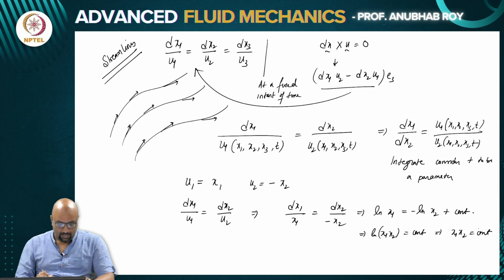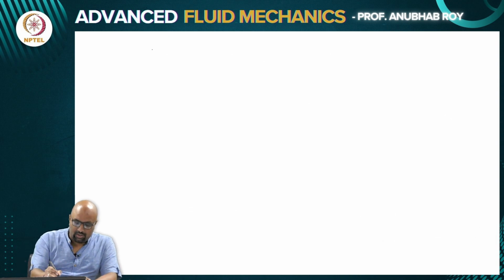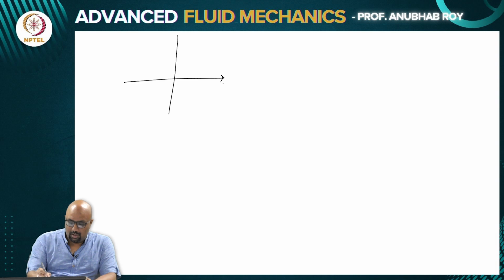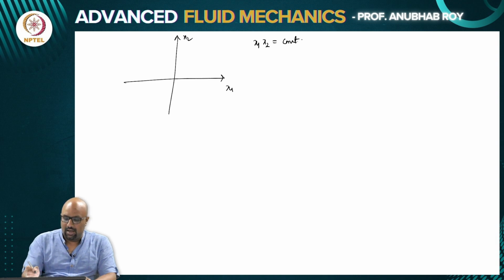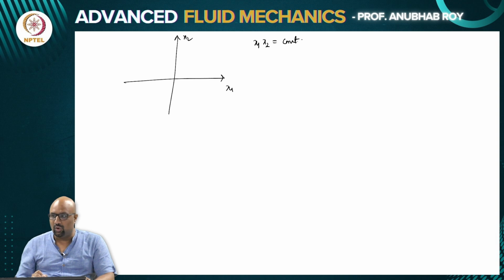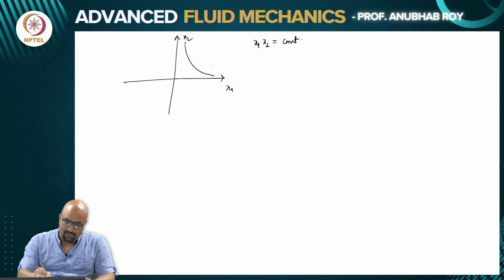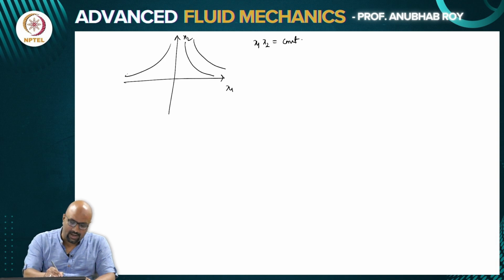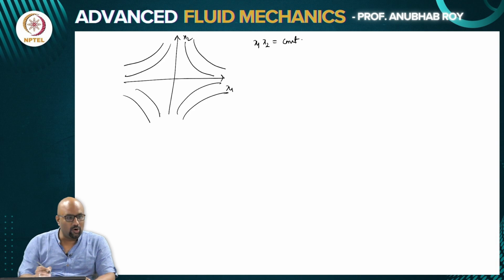Right. So if you now try plotting it, this is x1, this is x2. What we got, the equation for the streamlines, is x1 times x2 is equal to constant. So these are nothing but a family of rectangular hyperbolas. How do you plot these streamlines?